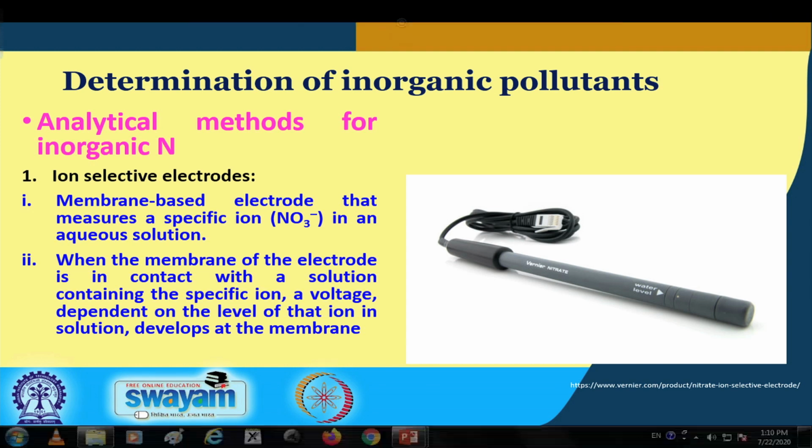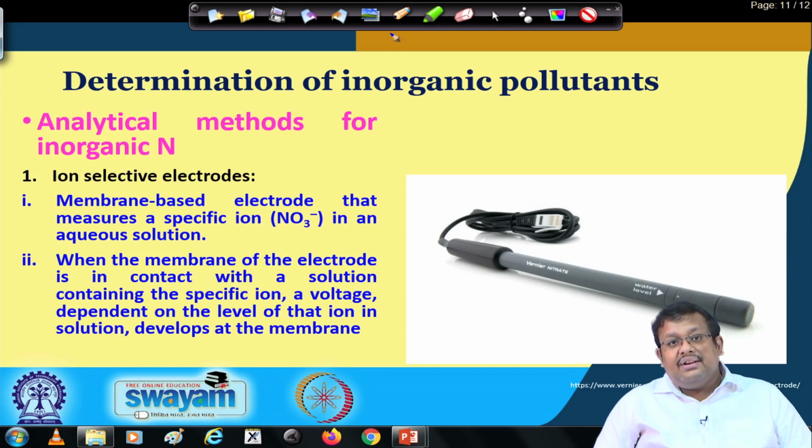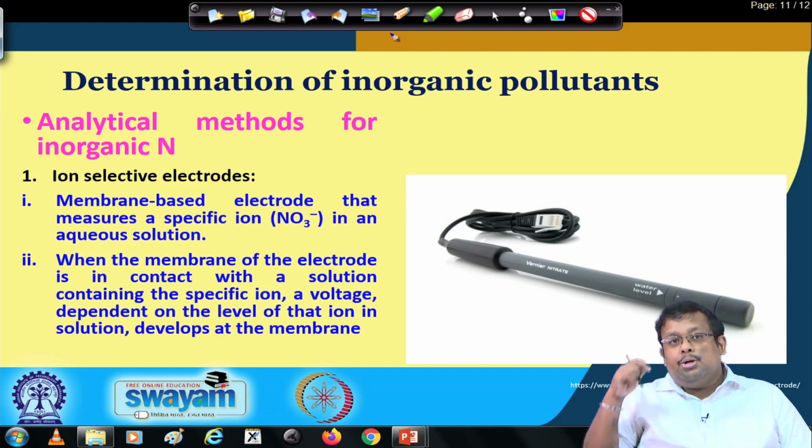These ion selective electrodes are basically membrane based electrodes that measure a specific ion, for example, nitrate in an aqueous solution. After you extract that nitrate into an aqueous solution by using some extractant, you can use this membrane based electrode, sometimes called an ISE, to measure the specific ion concentration.